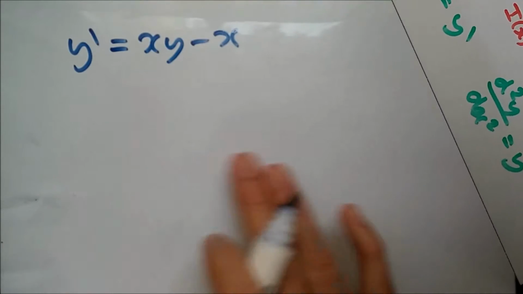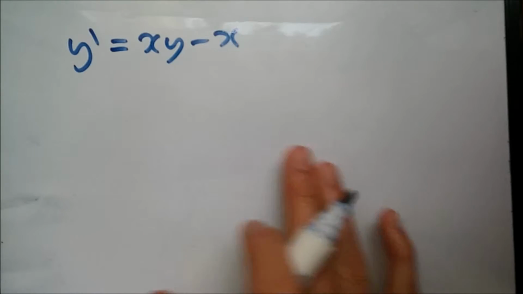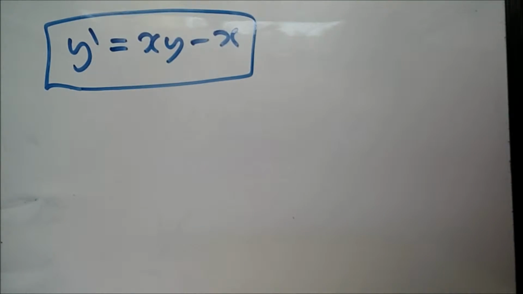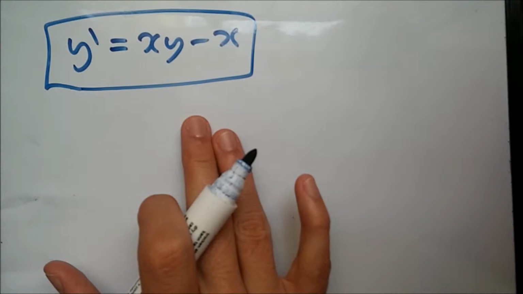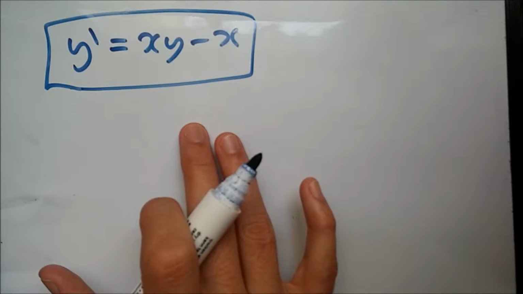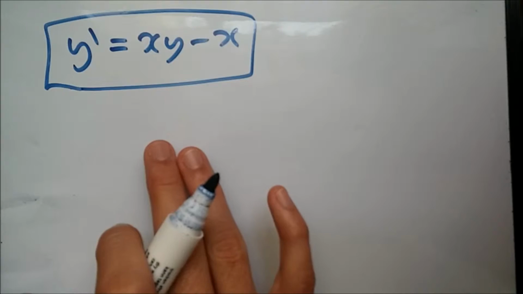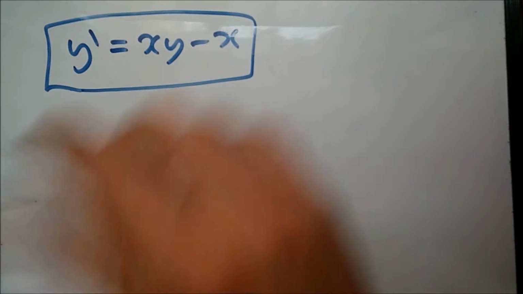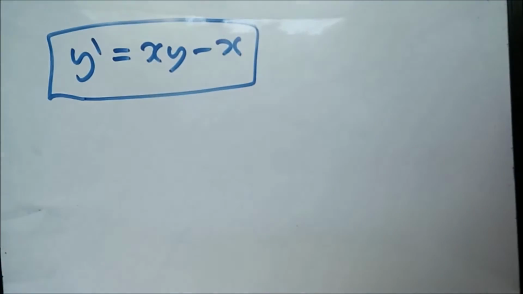Hey guys, so I rubbed out the board clean so I can show you this. So suppose we have an example: y prime equals xy minus x. Notice that it's not exactly in the form I told you earlier, but let's rearrange that form. And remember, dy/dx is y prime. So I'm going to rewrite it into the linear differential form.